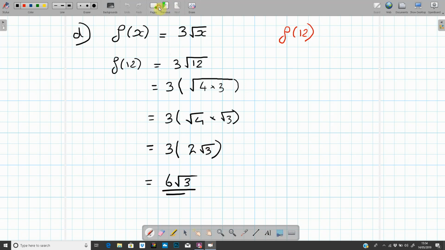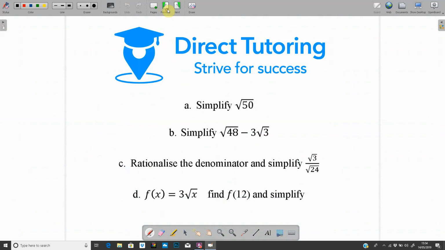So, if we summarise, when you add and subtract surds, you must get the same number inside the surd. So for this, we had to incorporate 3 into the final answer so that we could take the coefficients away.